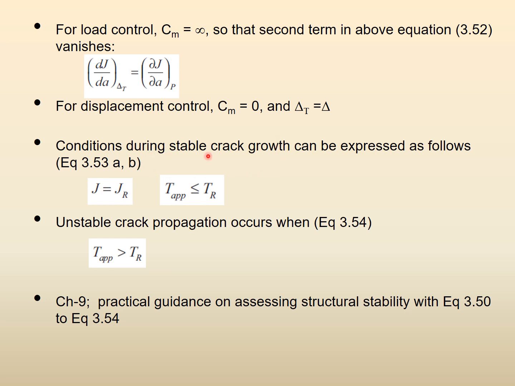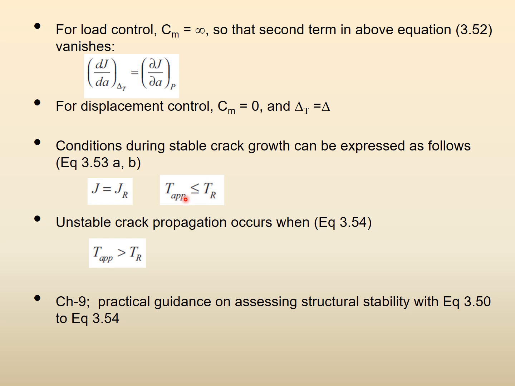Now, conditions during stable crack growth. Remember we had conditions of stable and unstable crack growth earlier in LEFM, now in EPFM. So these are J equal to J_R, that the J integral, the driving force, and the J resistance are equal, and the T applied, which is the T for the driving force, is less than or equal to the T for the resistance.